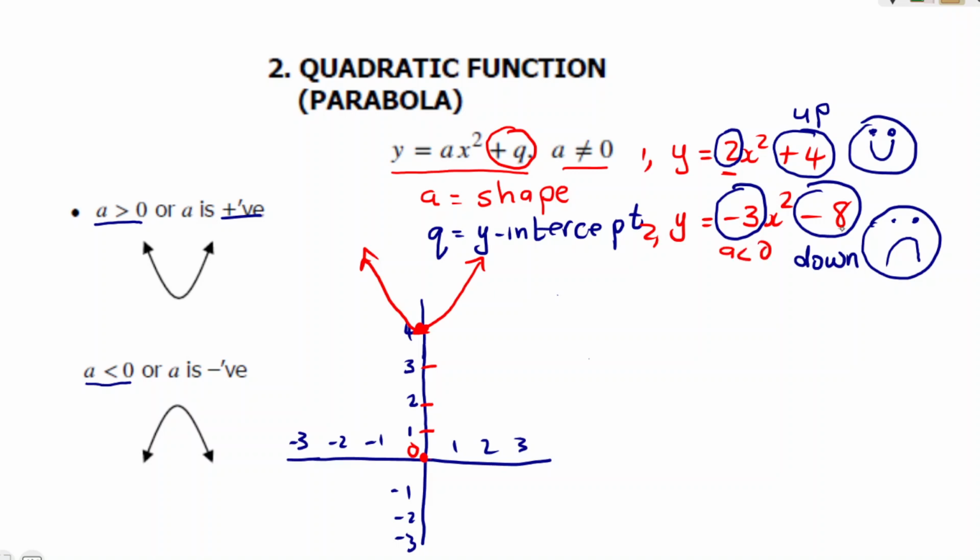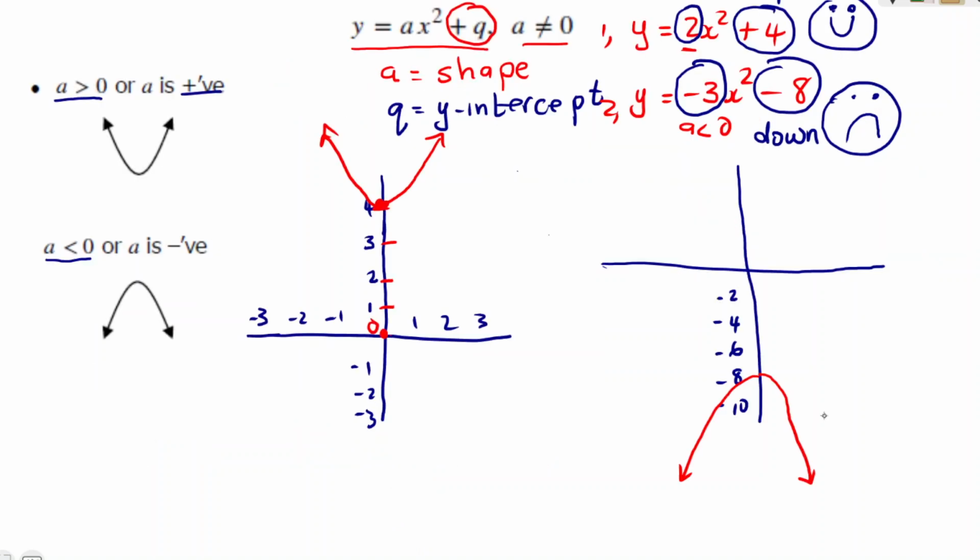Number 2, it is shifted downwards because the q here is negative. You can see that a is negative, so the graph is pointing downwards, and check now, it is shifted from 0 down to negative 8. So it has been shifted downwards 8 units.